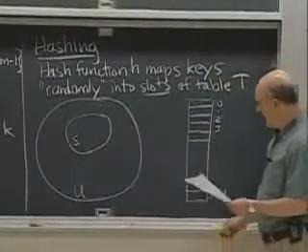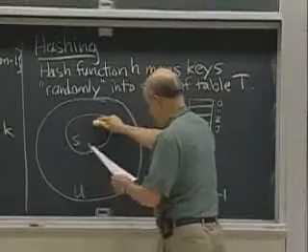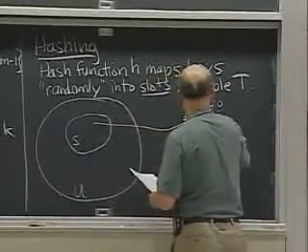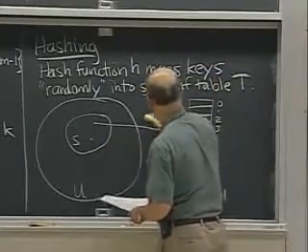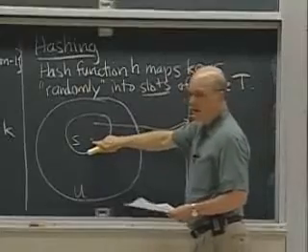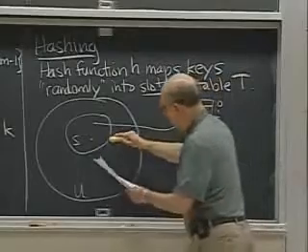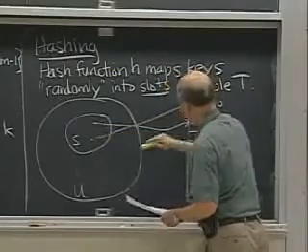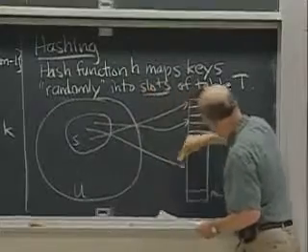We take an element from here and map it to, let's say, there. We take another one, and we apply the hash function to the element. The hash function gives us a particular slot. Here's one that might go up here. Might have another one over here that goes down to there.